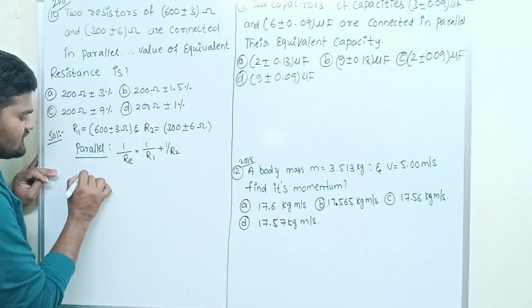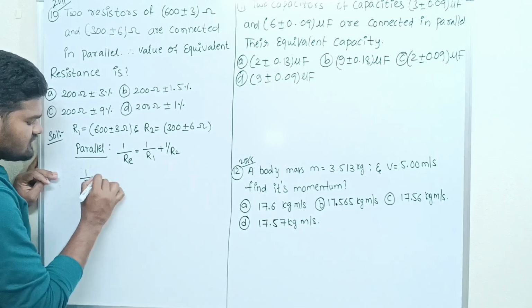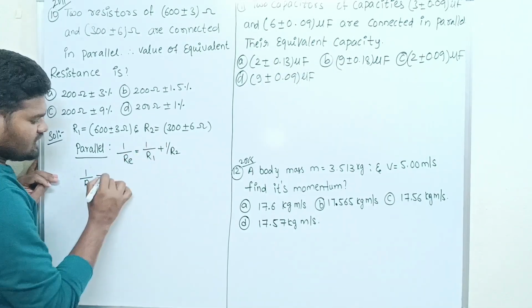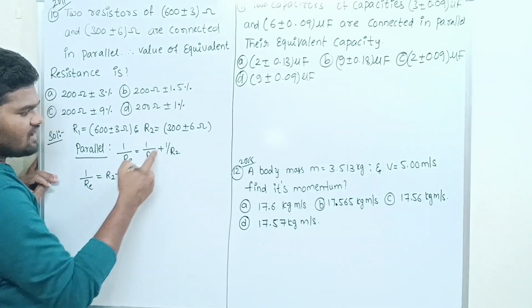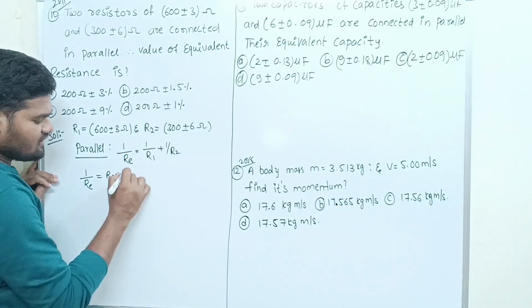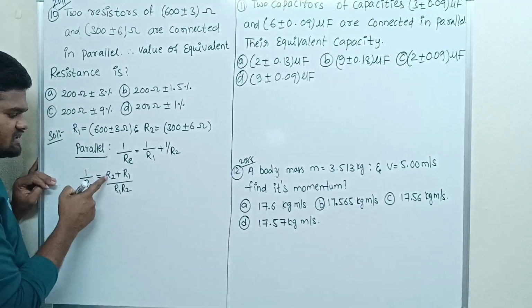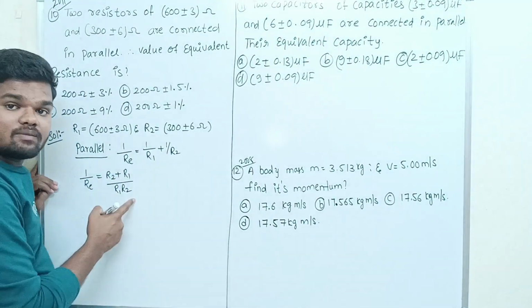So from this we can write 1 by R equivalent is equal to, just multiplying, R2 into 1 plus R1 into 1 divided by the LCM R1 R2. So 1 by R equivalent is equal to R2 plus R1 by R1 R2.